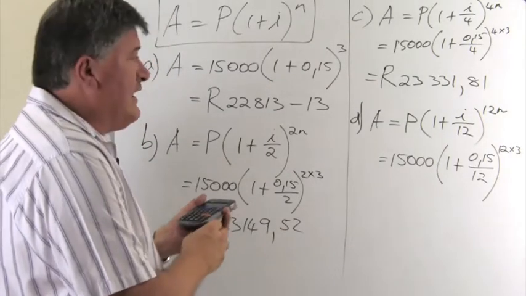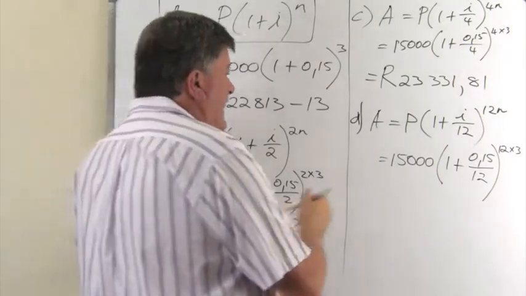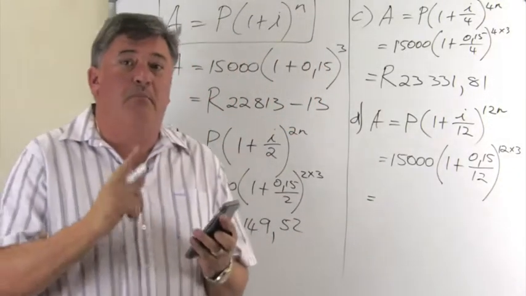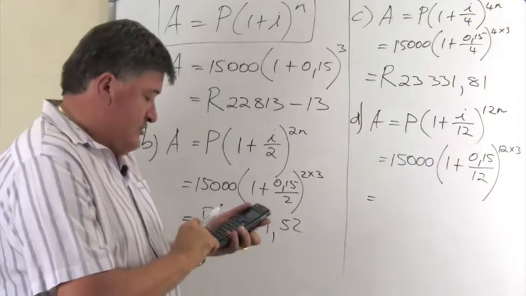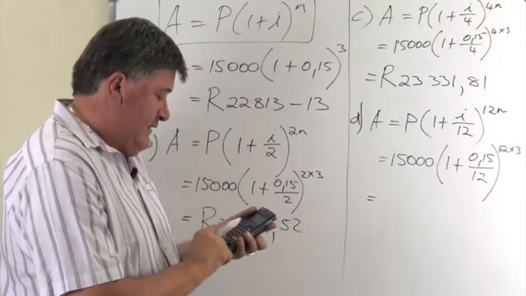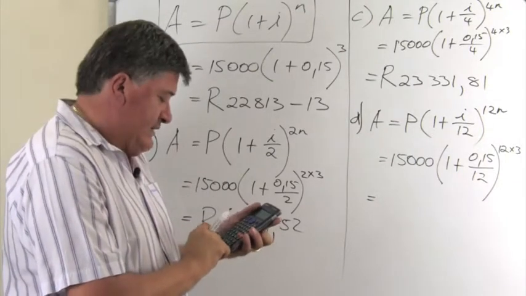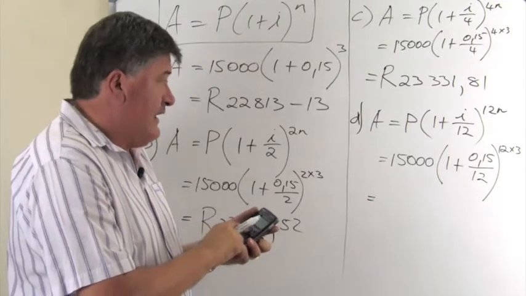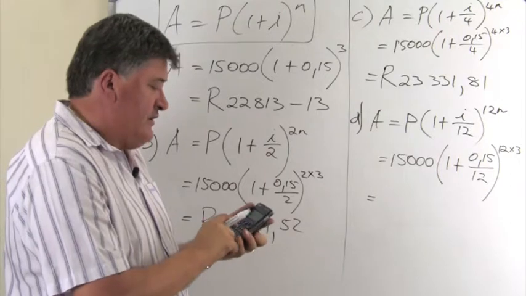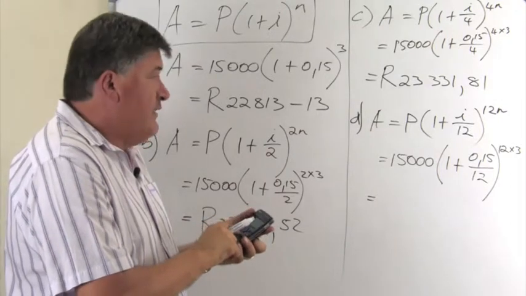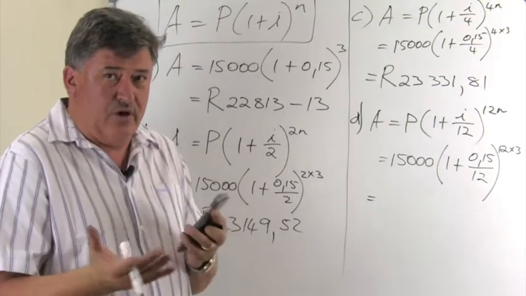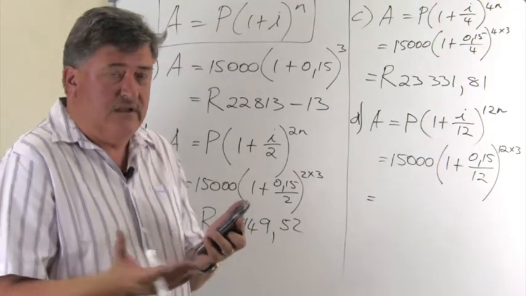So let's use our calculators and let's see what happens if we compound the interest on a monthly basis. So we say the 15,000 Rand again. We open the bracket, 1 plus my fraction, 0.15, 12 in the denominator, close the bracket, raise it to the power, and now 12 times 3, I hope you know what that is mentally.